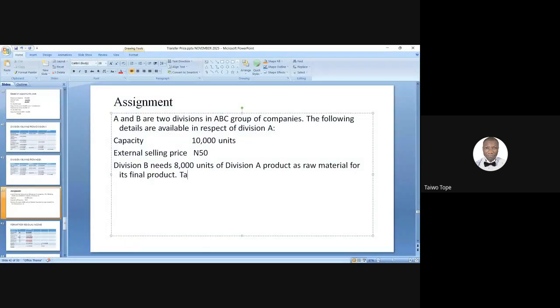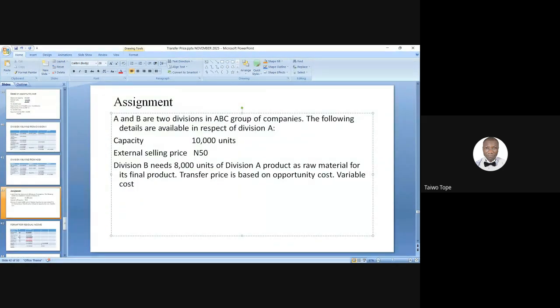Transfer price is based on opportunity costs.